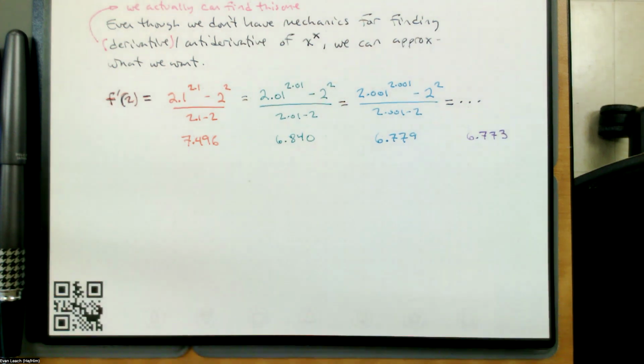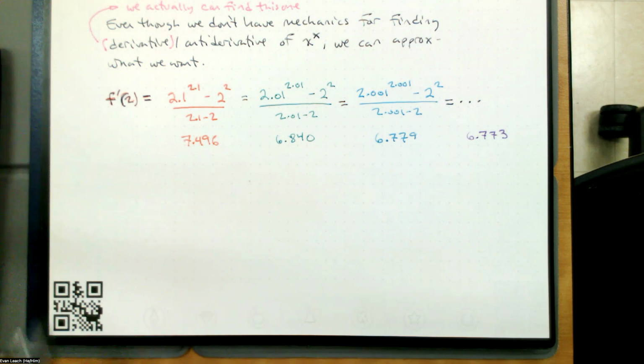In the category of finding an area, we can approximate the area by just evaluating the function at a bunch of places.